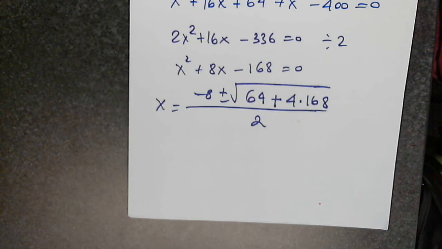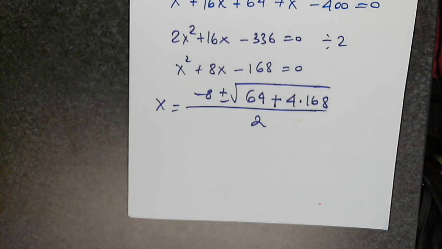So let me show you again with the graphing calculator. This is what I would do. I will put the left parenthesis, negative 8, plus the square root of, in parentheses, 64, and then plus 4 times 168, close the parenthesis, outside, and divide by 2.